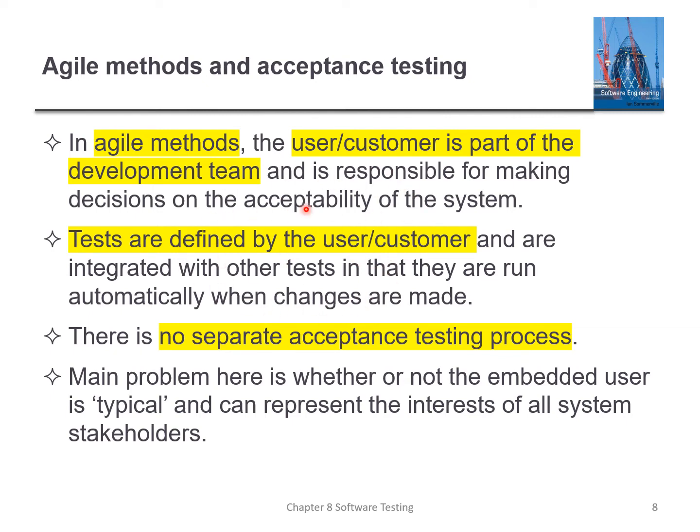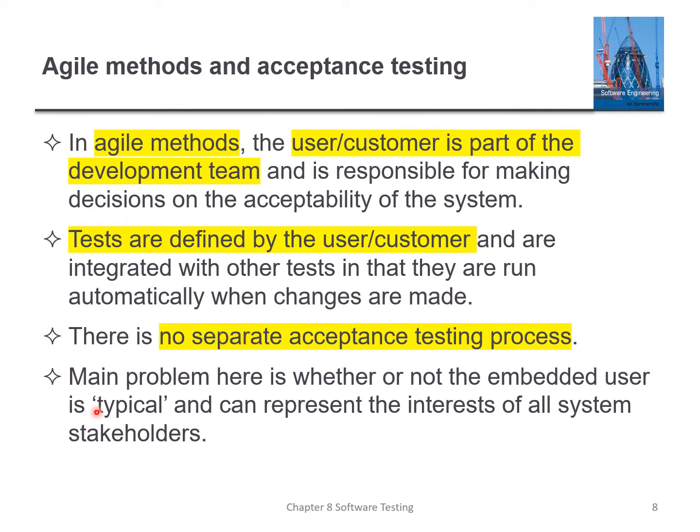So all the test cases will be built up, and in Agile there is no separate acceptance testing process done as one entire process at the end of the system release, because in Agile every cycle, every iteration, is a small release, right? And before they move on to the next release, the user will be there to perform the testing.